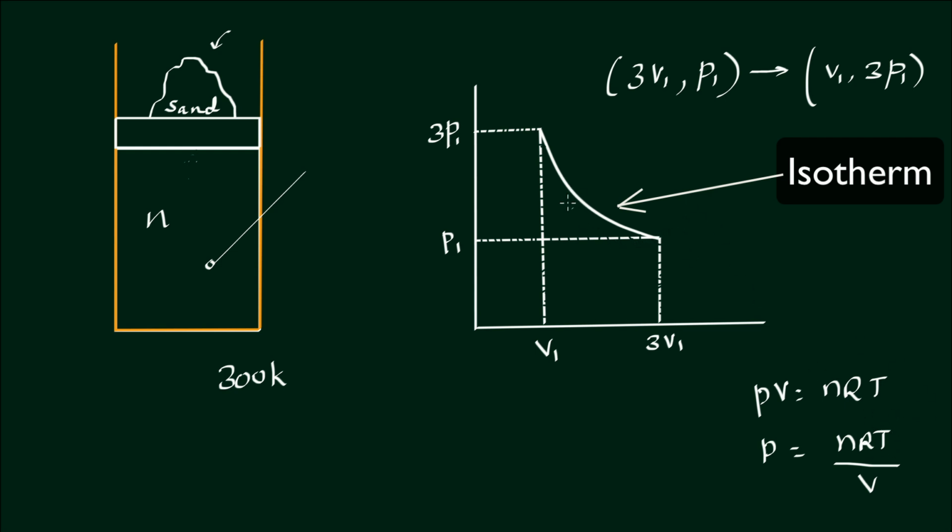So if I move along this isotherm from this initial state, 3V1, P1, to a final state, V1, 3P1. Notice that P times V is the same before and after. It remains constant because the temperature is constant. In fact, at every point along the path, the temperature is constant.